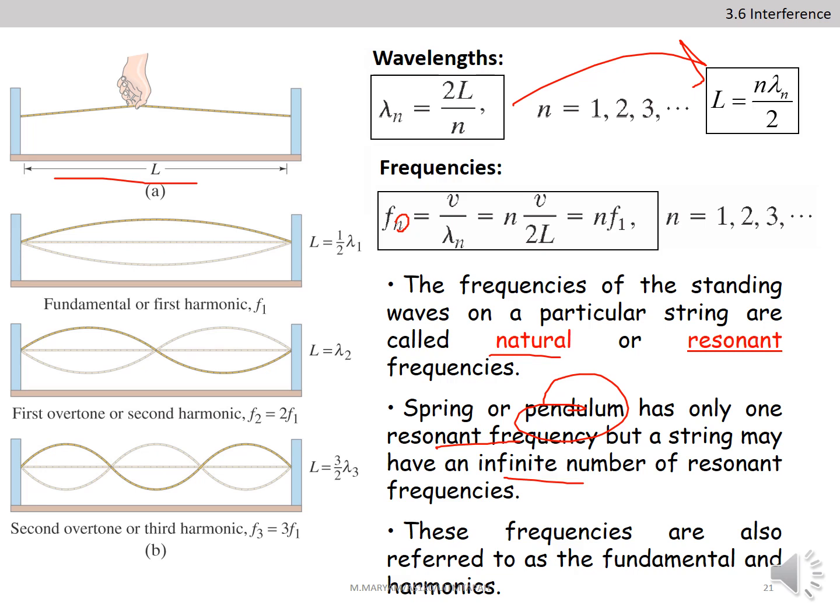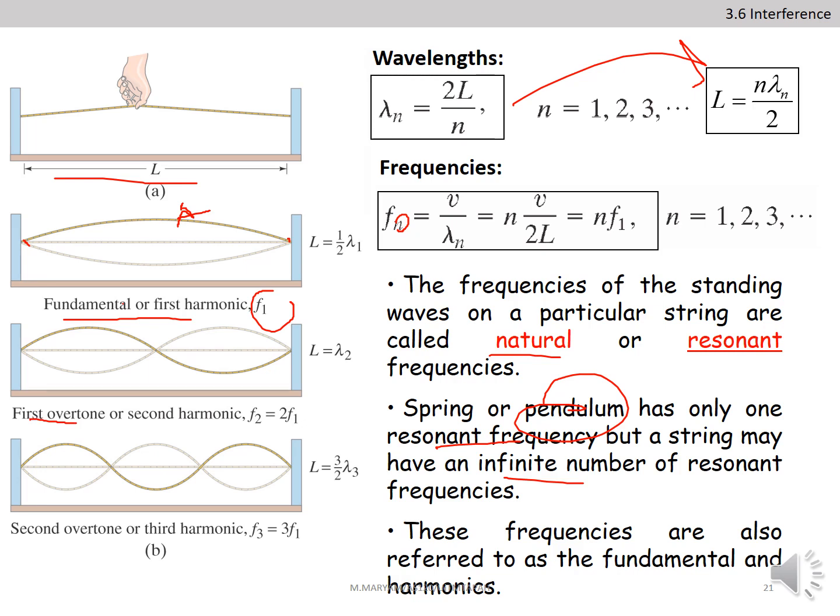This is the length in figure A. After the string starts to vibrate, it will produce nodes and antinodes here. This we call the fundamental or first harmonic, labeled as f1. Then it will vibrate again, producing two waves.